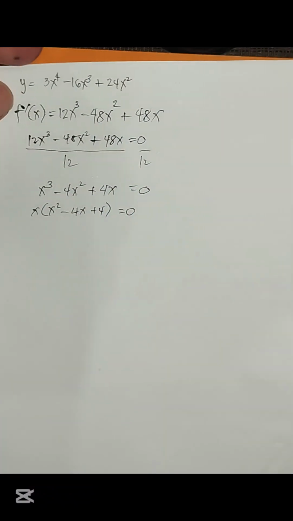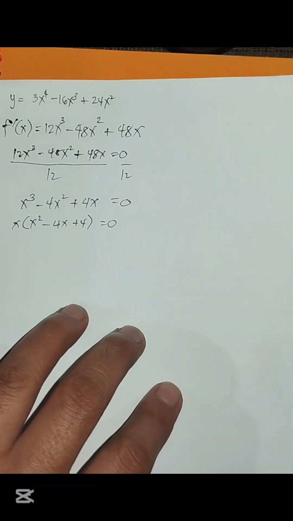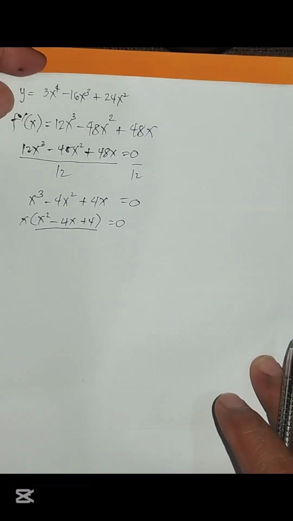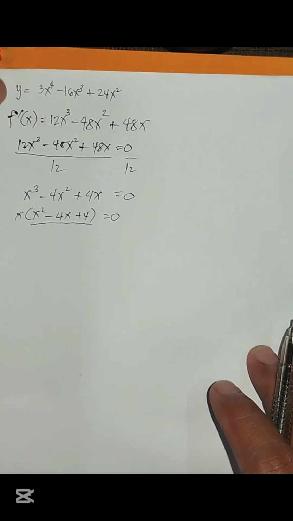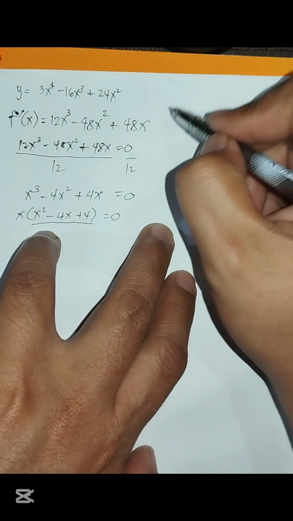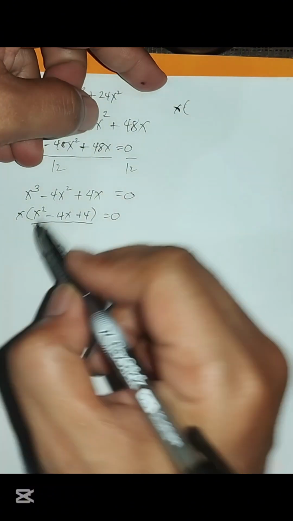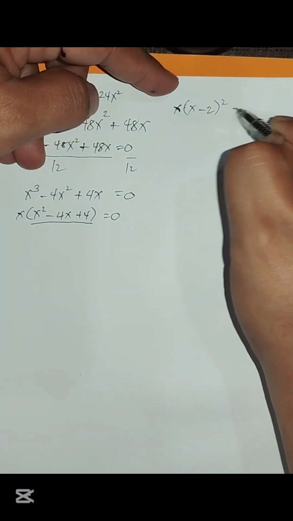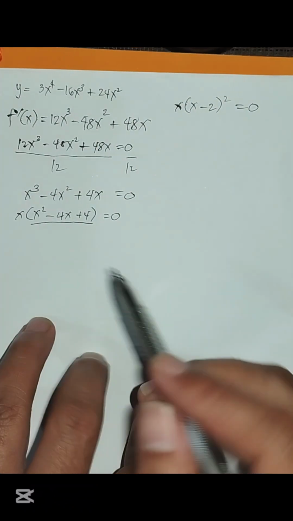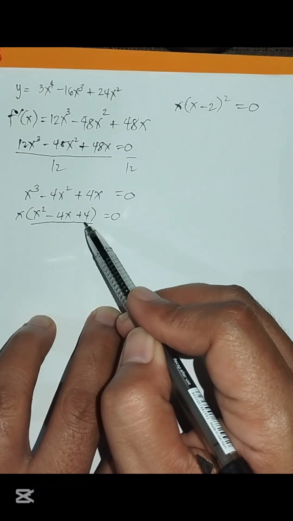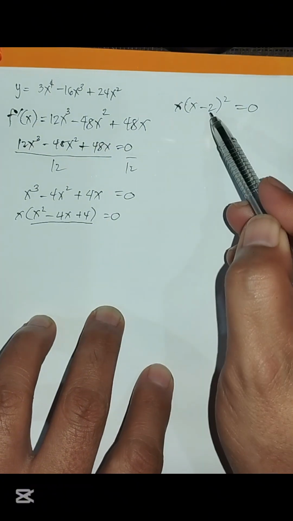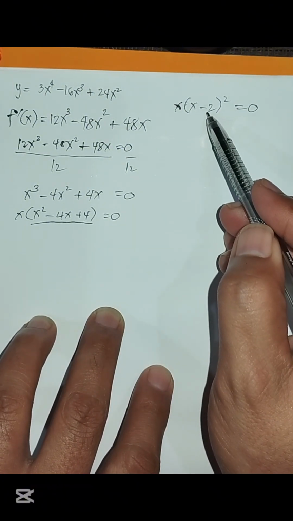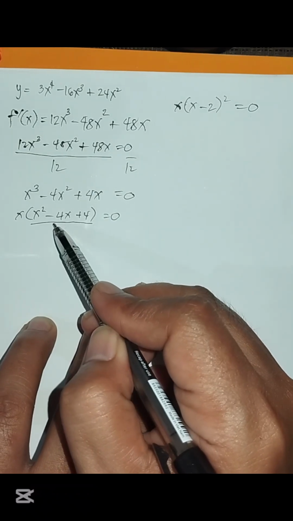So we can now get the critical numbers. This part, x squared minus 4x plus 4, is a perfect square trinomial, so it can be written as (x minus 2) squared equals 0. If we factor that, negative 2 times negative 2 is equal to positive 4, and if we add negative 2 and negative 2, the middle will be negative 4x.